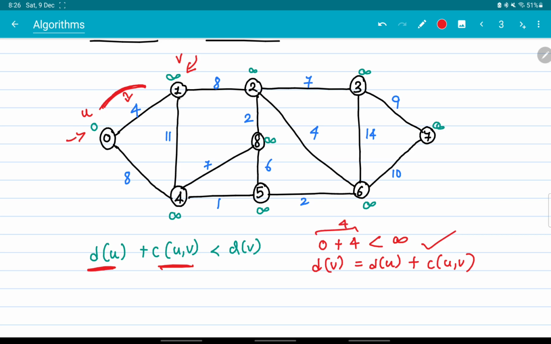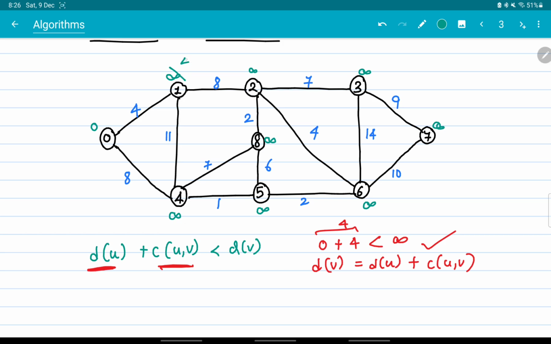That value was 4. So this 4 I'm going to update as the distance of v. Initially the distance of v was infinity, but now I'll update it as 4.